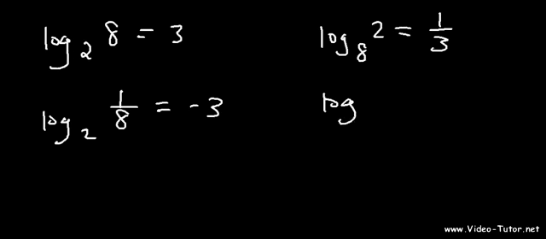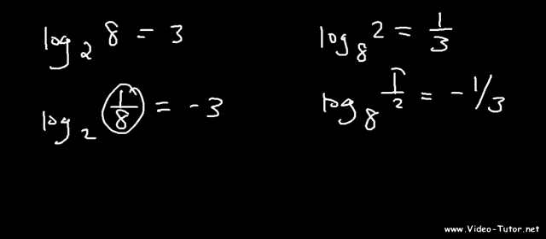And log base 8 of 1 over 2 is negative 1/3. There's going to be a 3 somewhere. So maybe at this point you see the pattern. So remember, whenever you have a fraction here, it's negative. And whenever this number is smaller, it's a fraction.